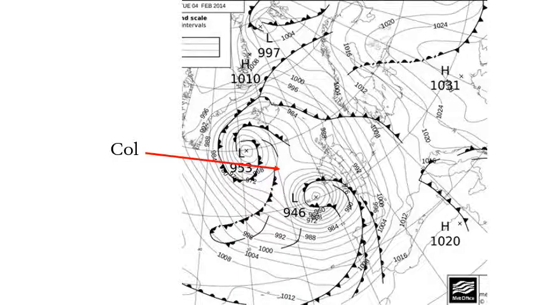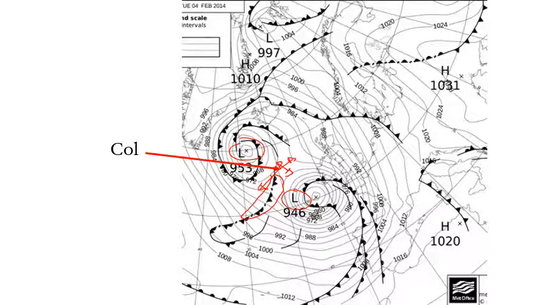Another example of col is ito. So, makikita natin, even though there is an occluded front na makikita natin dito, pero yung area of the isobars ay magkalayo. Generally, magkalayo. It is encircling two low pressure area and meron din siyang high pressure area.